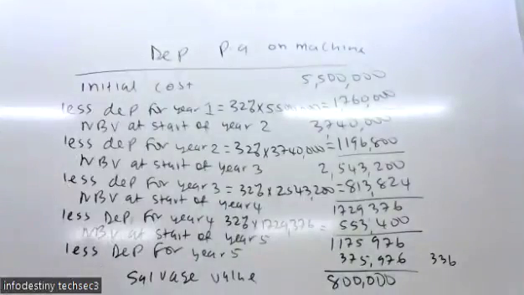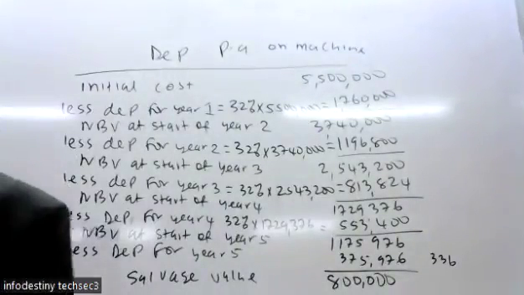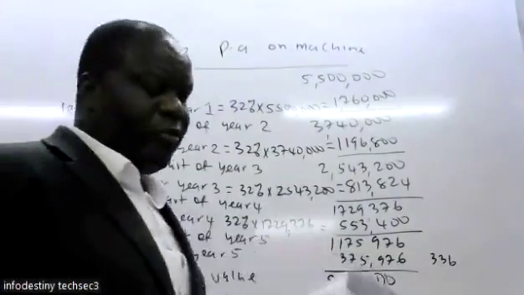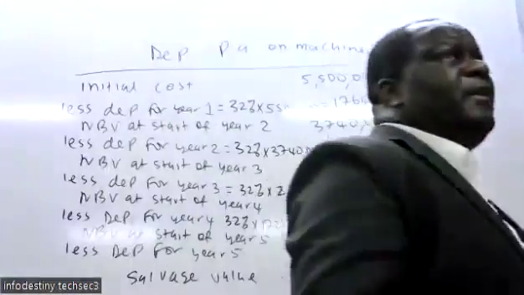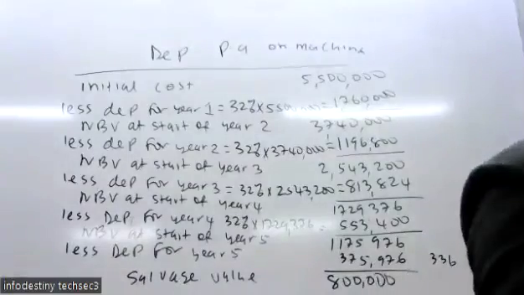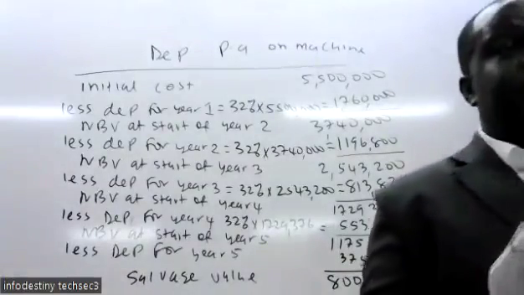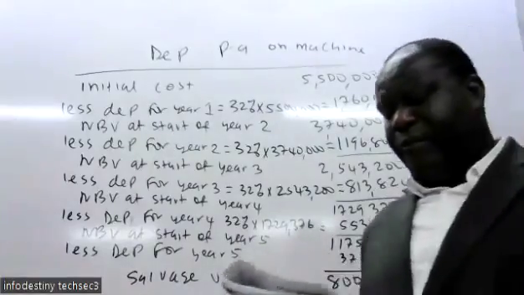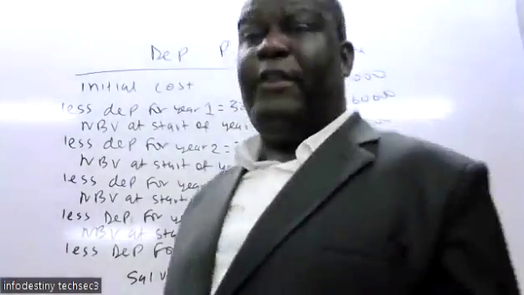This overhaul cost will amount to 240, and it will be amortized. Amortization is the same as being depreciated. It will be amortized separately on the straight line basis over the remaining useful life of the asset.